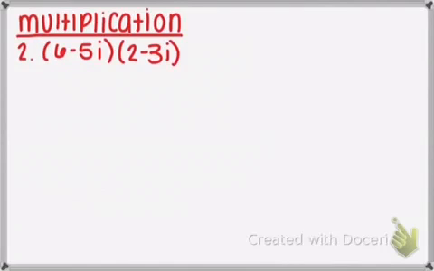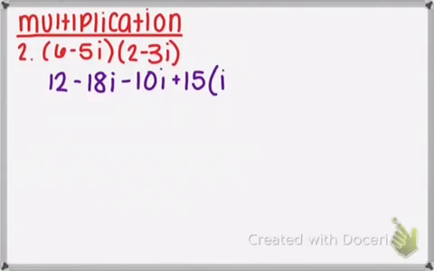So in number 2, you do the same thing. You would have to FOIL. So 6 times 2 giving you positive 12, and then 6 times negative 3i giving you negative 18i. Then negative 5i times 2 giving you negative 10i. Negative 5i times negative 3i, which would be positive 15i squared.